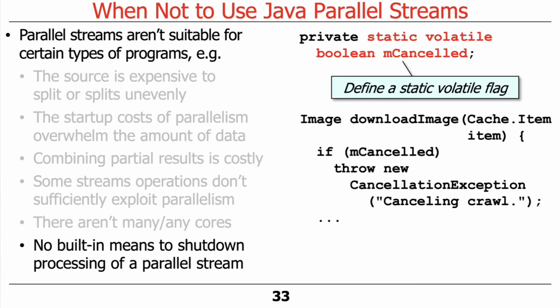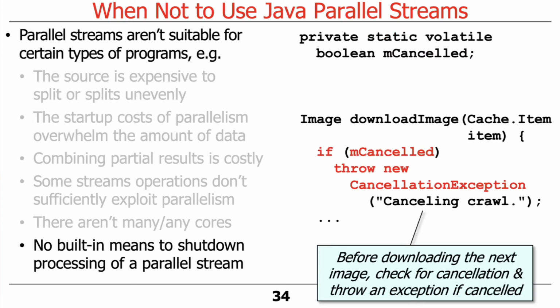A common way is to define some kind of static volatile flag and make sure you test that flag in the computations running in the parallel stream, and then they shut themselves down, perhaps by throwing an exception. So it's a bit more complicated to shut things down, but it's not impossible. You just have to spend more time thinking about it.